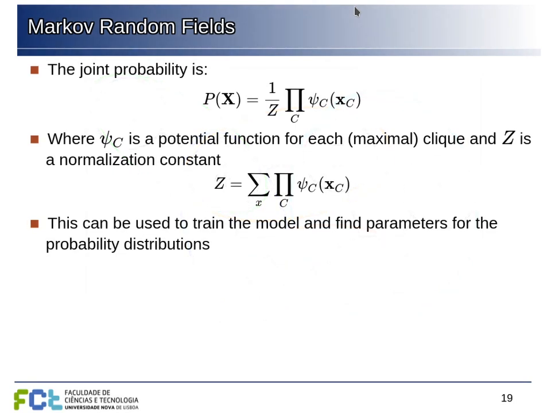This can be particularly useful if we have some more structured architecture in the Markov random field, and there are some variants like restricted Boltzmann machines and so on that can make learning the parameters of these distributions much easier.